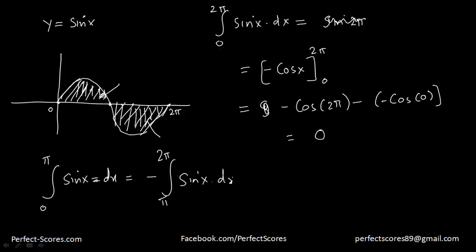So when we find the area of a curve which crosses the x-axis, we will not have the exact area by using this formula. Then what we need to do is bifurcate these two parts, calculate them separately, and just add the positives. That is what we have to do.